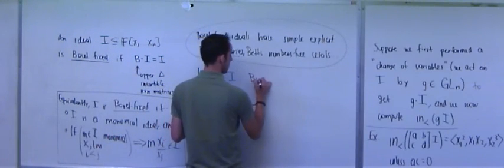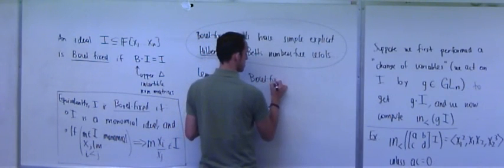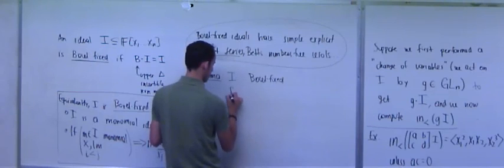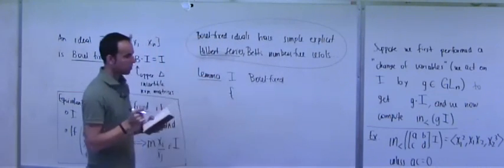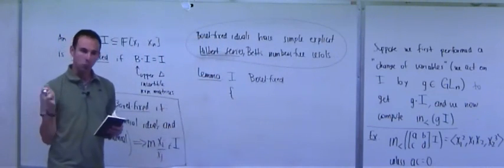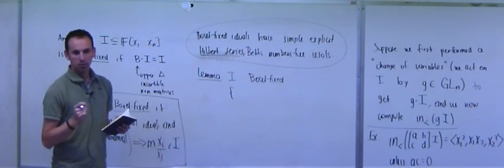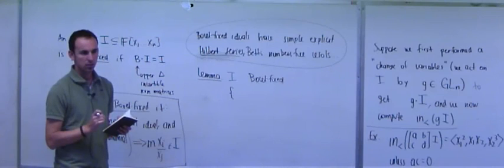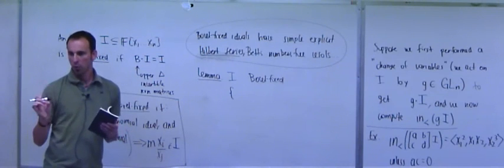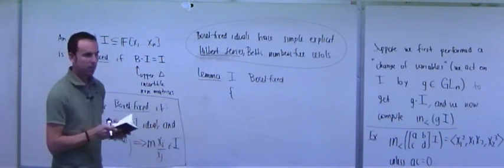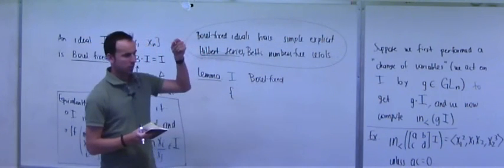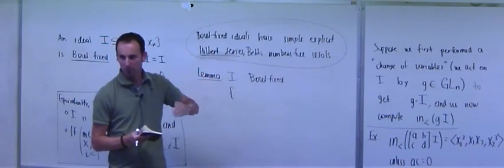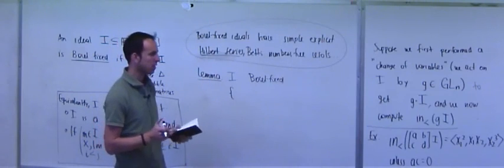It says, suppose that I is a Borel-fixed ideal, and suppose that. So remember that the way this goes, because Borel-fixed ideals are monomial, they have a unique minimal set of generators. You guys proved this, that monomial ideals have a unique set of generators, and if you remember when we thought of monomial ideals as little dots, then the generators were kind of the corners of this diagram.